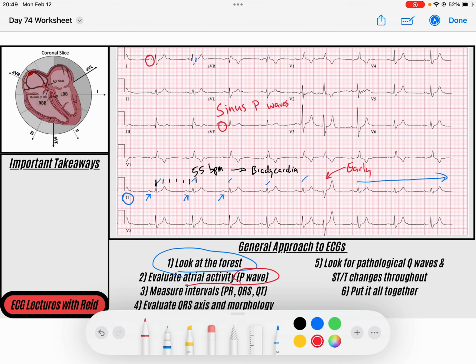Next thing I'm going to do is go through the next aspect of my conduction system, which is my PR interval. My PR interval represents the time it takes for the AV node to conduct that signal down. If I measure my PR interval, if I find a QRS that starts right on a solid line, let's see if I can find one.